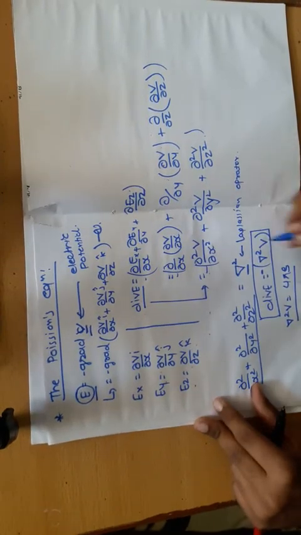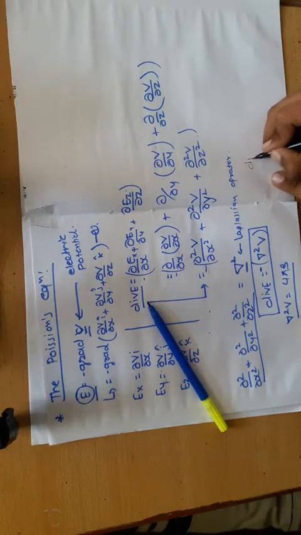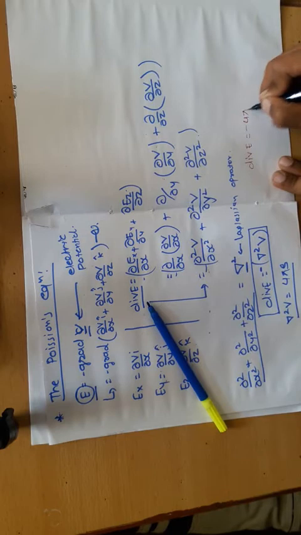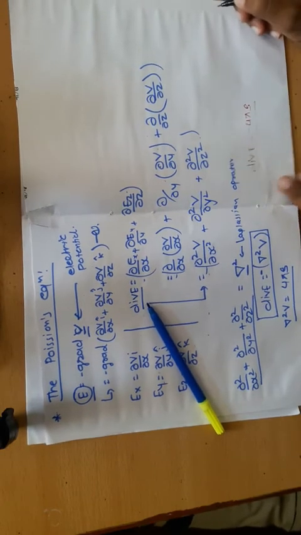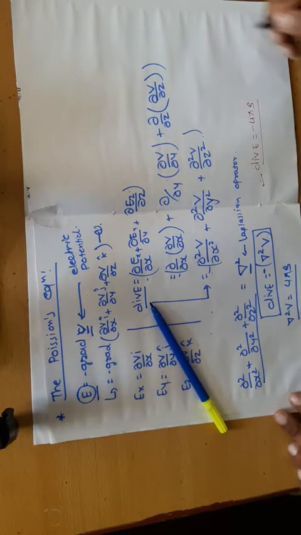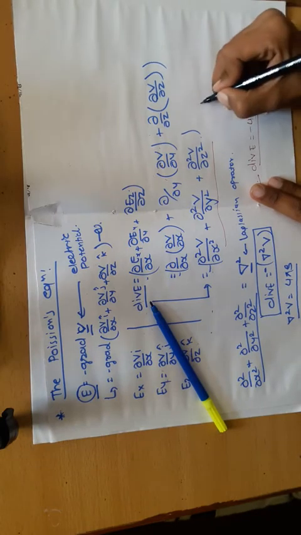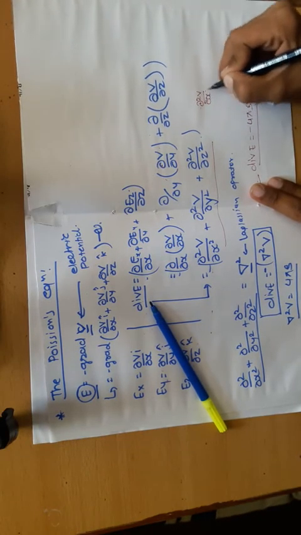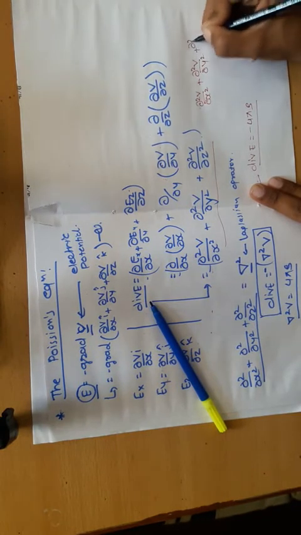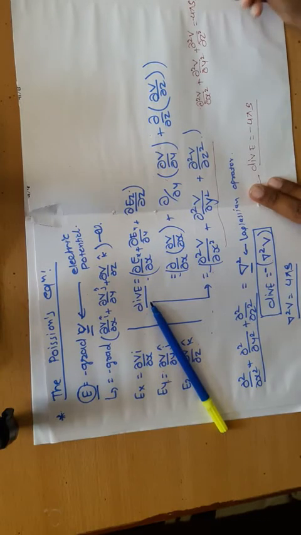So I will put this value in this equation and I will get the divergence of E as minus 4 pi rho. So I can write the Gaussian equation in this term. If I write from this equation, it will be del square V upon del x square plus del square V upon del y square plus del square V upon del z square, that is minus 4 pi rho.